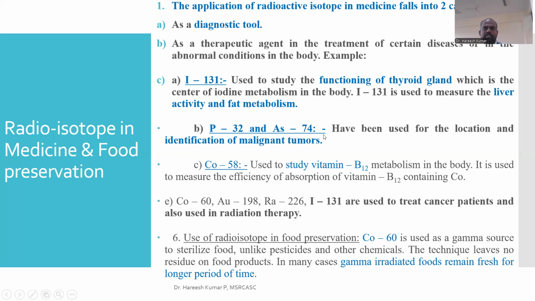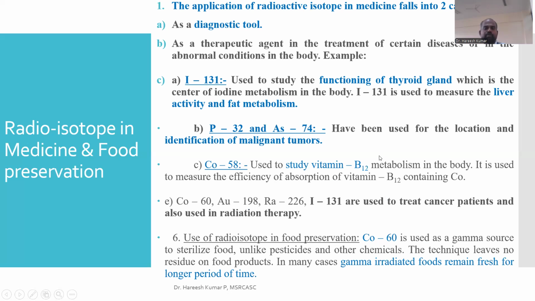Phosphorus 32 and arsenic 74 have been used for the location and identification of malignant tumors. That means for the detection of cancer cells. Then cobalt 58 is used to study vitamin B12 metabolism in the body.